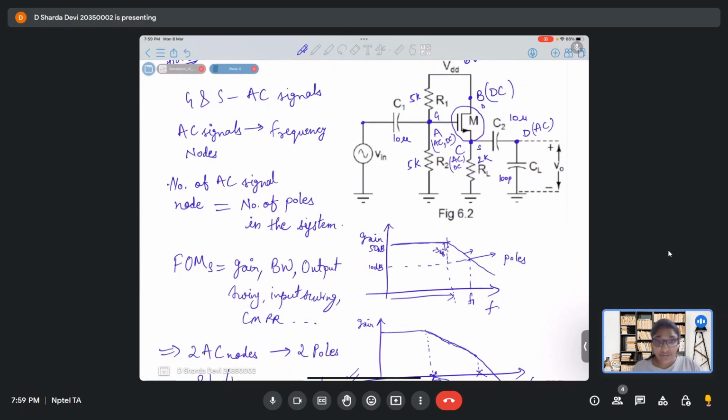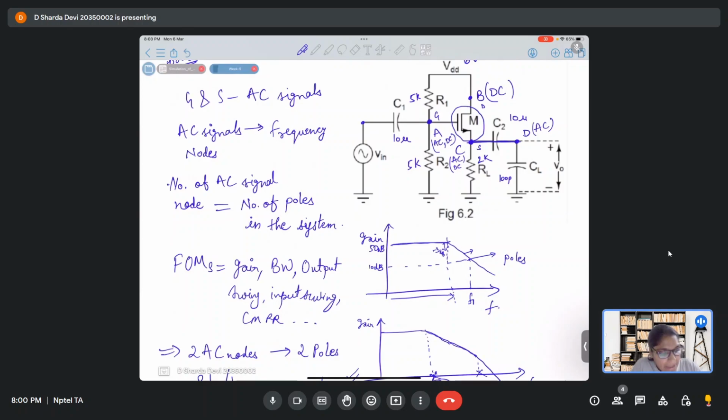So in this particular circuit, yes, there are 3 AC nodes, but actually, if I talk about D node, there is no resistor involved, right? So it's not actually a node. If I say S, the source node, or C node, here I have resistance and capacitance, and I can combine C2 and CL together, right? I can simply combine C2 and CL together, and when it is AC, actually it will short your C2.